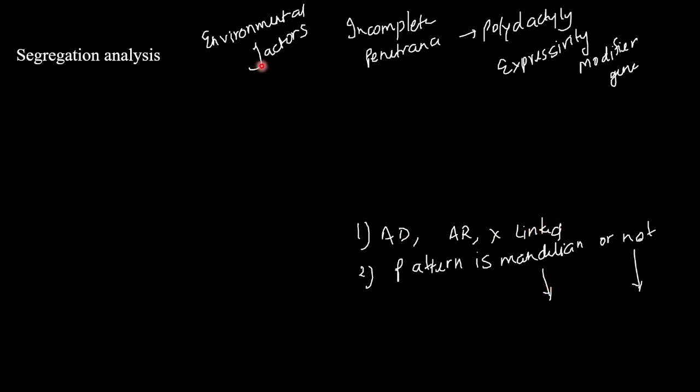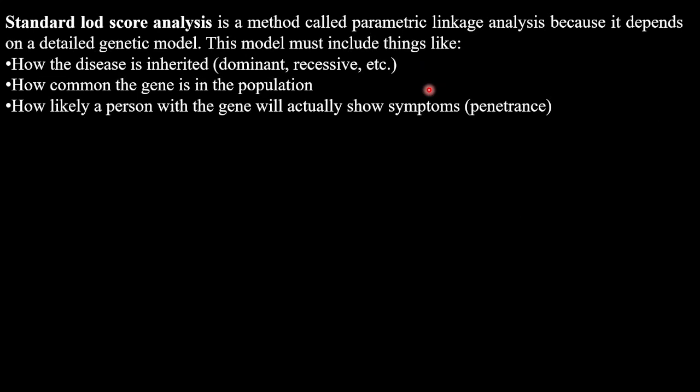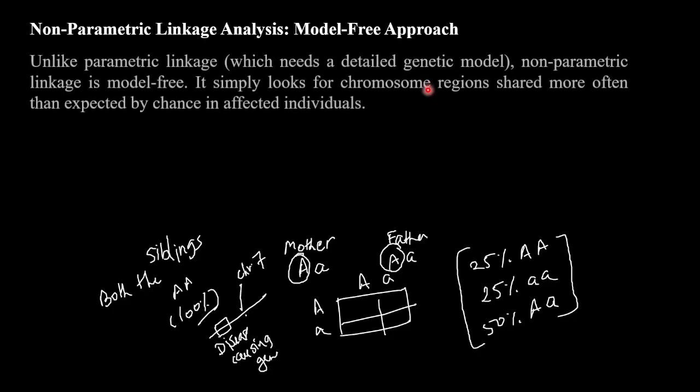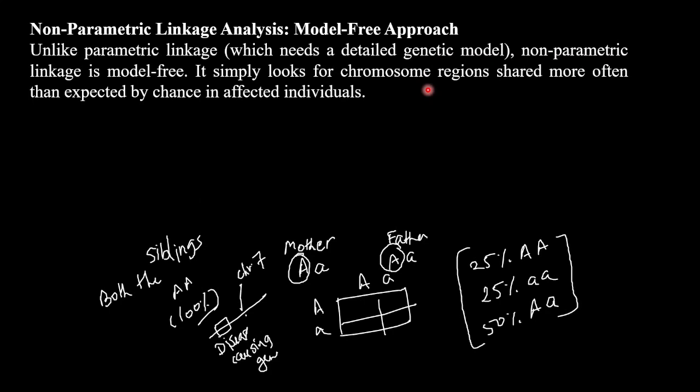If it is not, it is because of these three factors. And how can you do that? You can do it by parametric linkage analysis, but because all the information you need to create this model is very difficult to get, this is not a good tool for studying complex diseases. However, in non-parametric linkage analysis, you are not assuming anything.